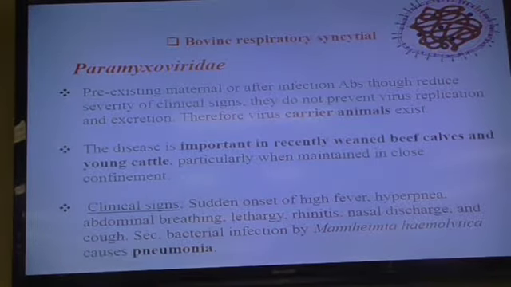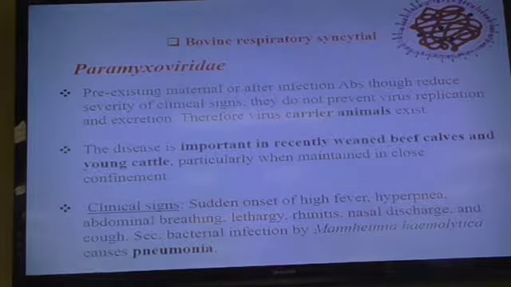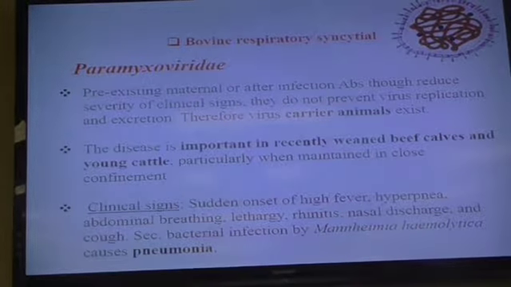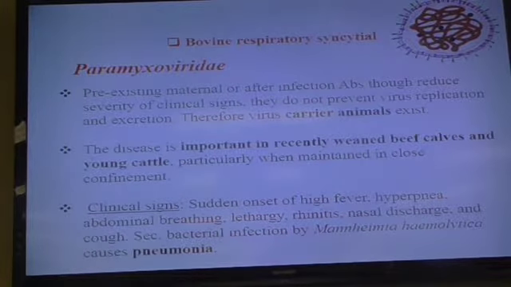Now, the issue with this disease is that there are many carrier animals, which means these animals can carry the virus. The virus cannot be controlled completely by the immune system, but the immune system can control the severity of the clinical signs.